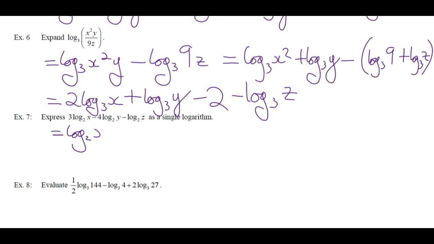Right. So log base 2 of x cubed minus what? Y to the 4th? Okay, so we need to combine this into a single log. Go ahead, you can do this one more step. Come up with the answer.